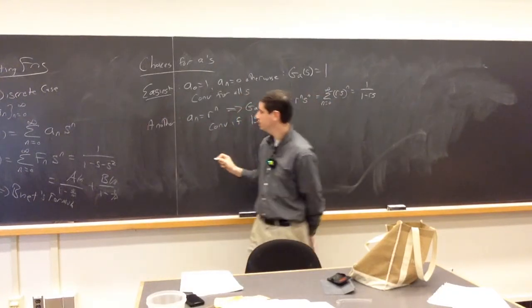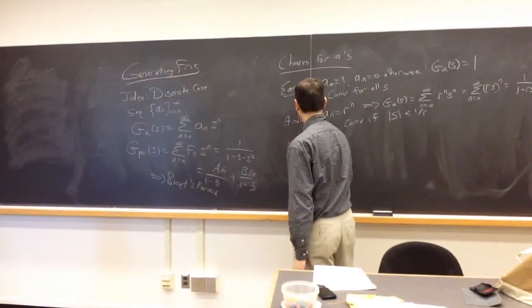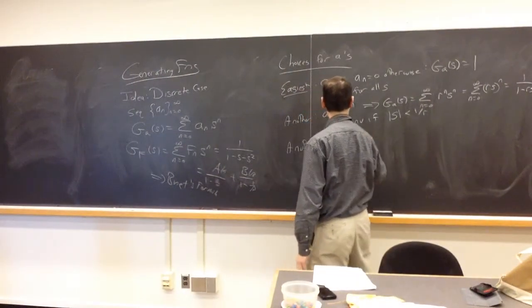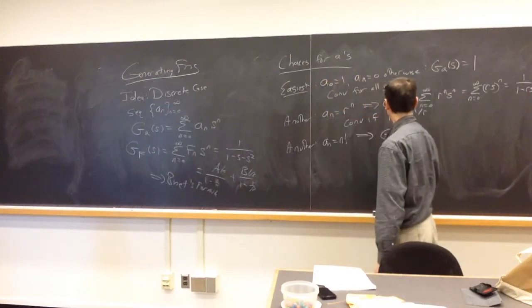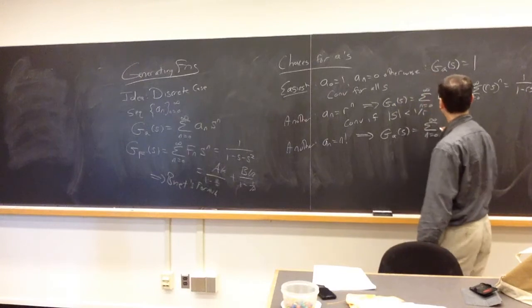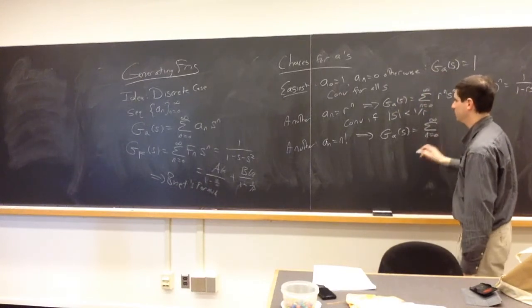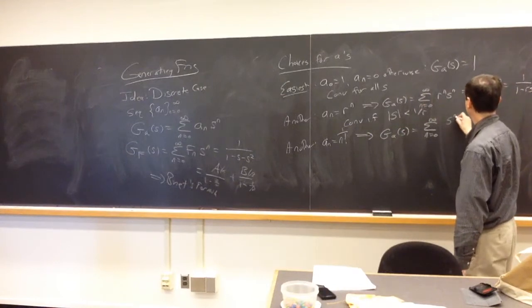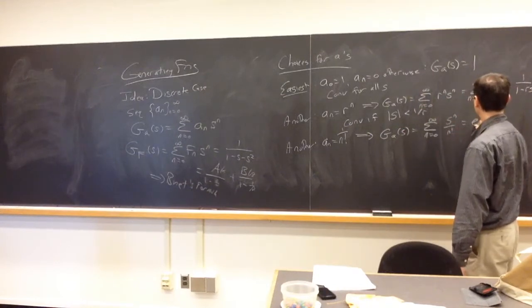Okay, so I could give you maybe A_n equals 1 over n factorial, and that will give us G_A(s) will be a sum, n goes from 0 to infinity of s^n over n factorial, which is e^s.